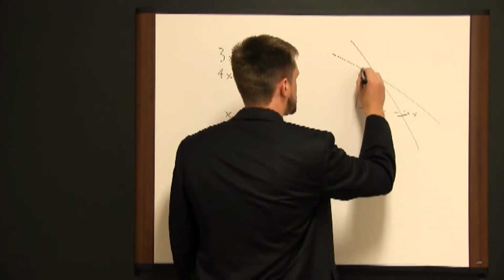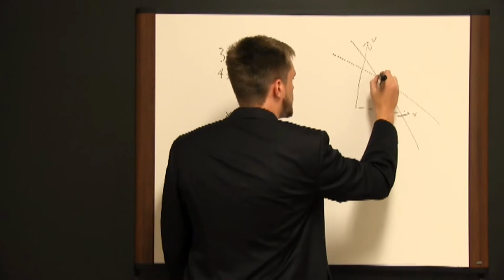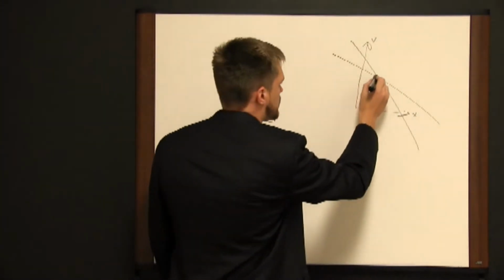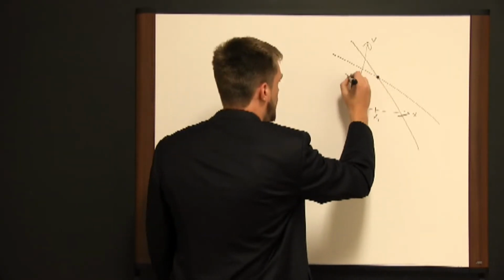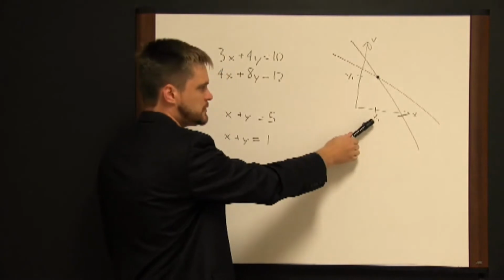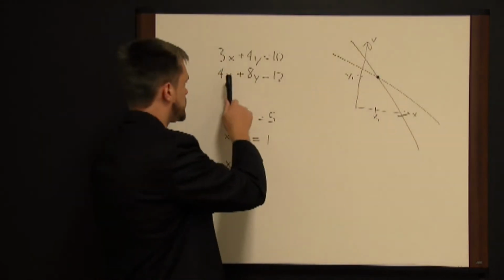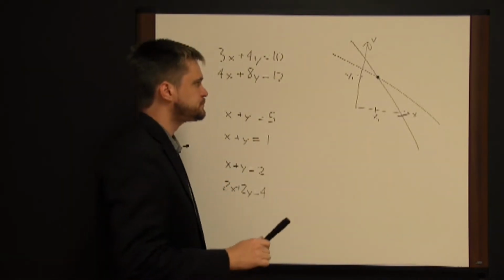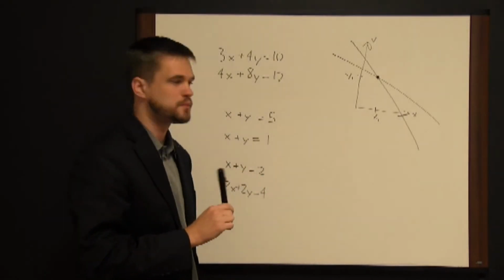Let's say this is x and this is y. And this point right here is where these two lines intersect. And so this point has an x coordinate and a y coordinate. And the values of this x and y coordinate are the values for x and y that satisfy both of these equations. And so that's how you can think about systems of equations graphically.